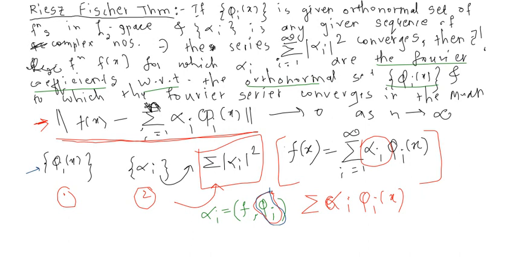You can get a better idea of this and you will understand it. If you are interested, you can go through the proof of this theorem. You will have to refer to page numbers 163 and 164 from the functional analysis book by Kreyszig.